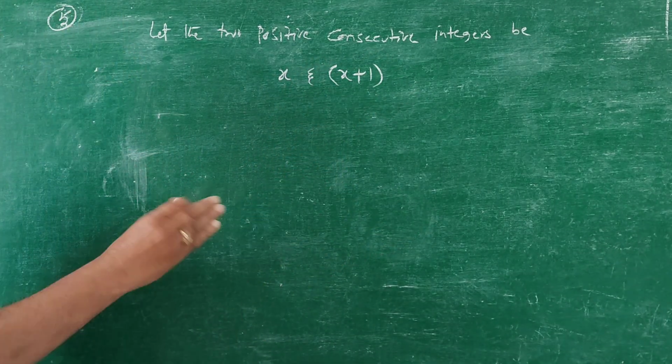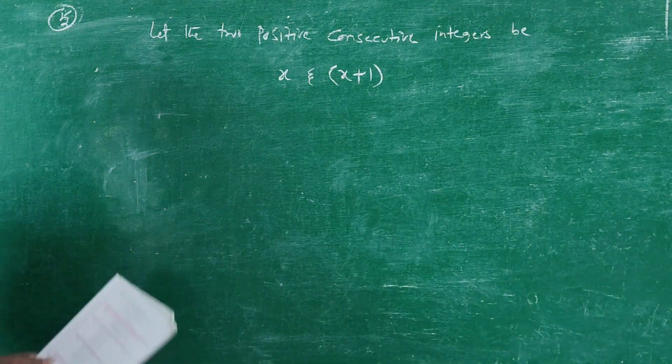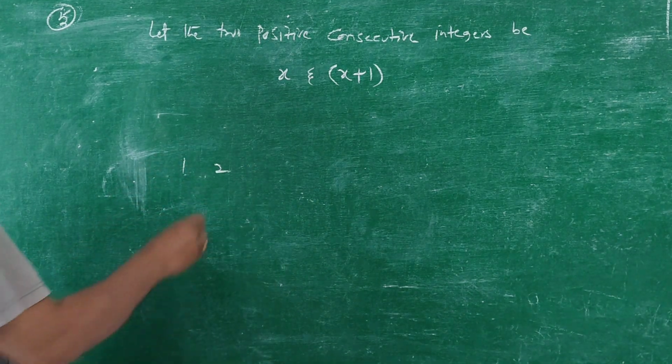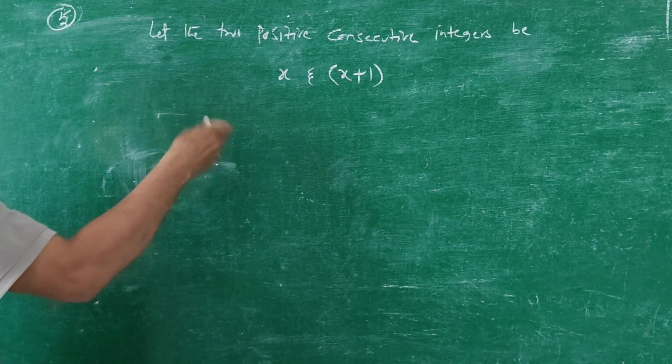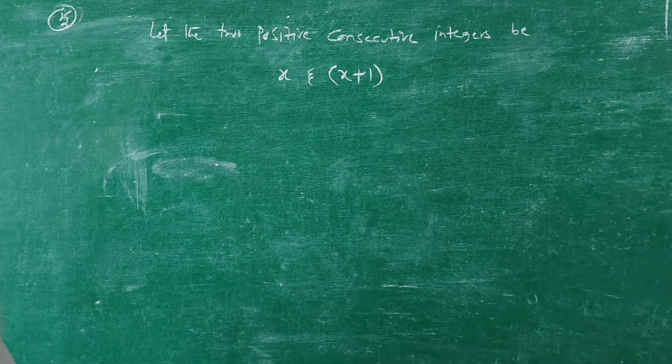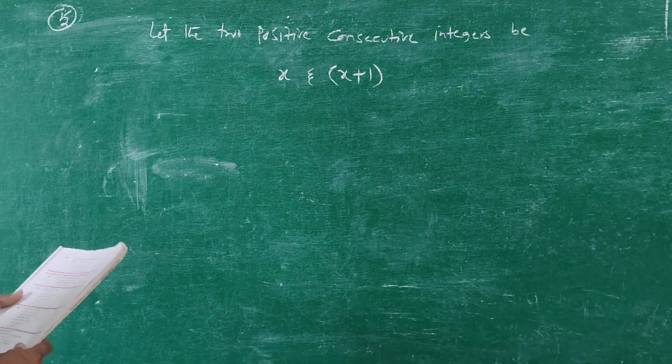When we say consecutive numbers, they are successive numbers, suppose 1 and 2, 2 and 3, 4 and 5, like that. So one number is x, I don't know that number, so I have to assume one number is x, then the other will be x plus 1.